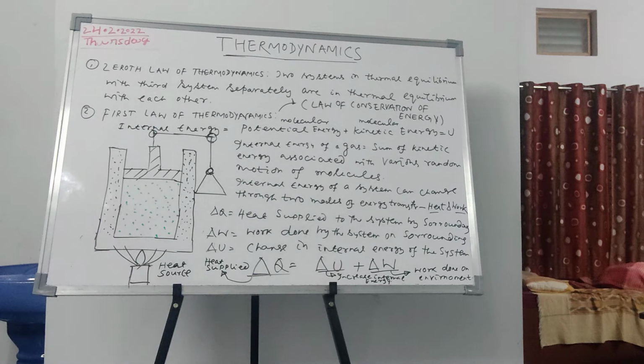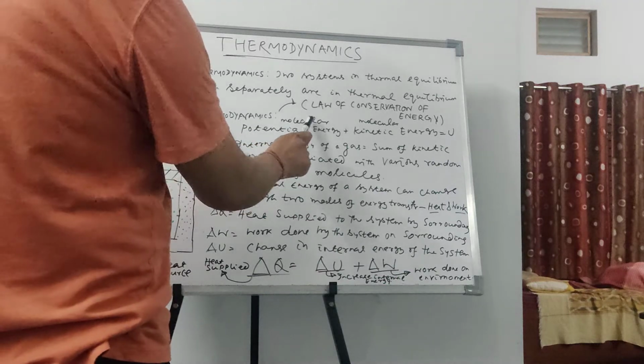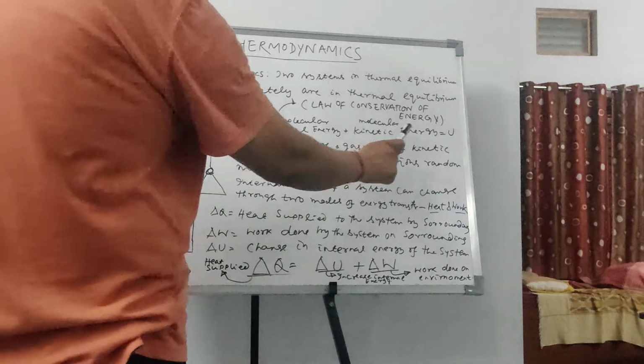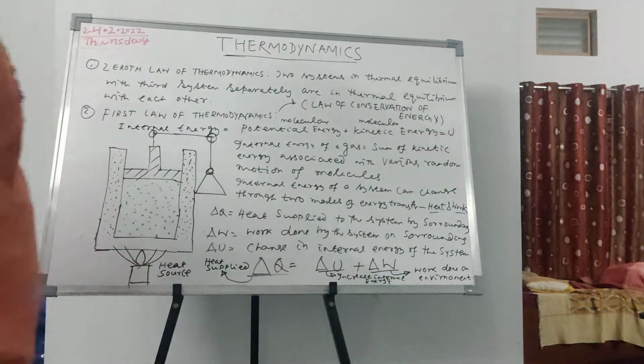The gas has some internal energy. The internal energy of a gas is the sum of its molecular potential energy and molecular kinetic energy. We denote it by capital U.